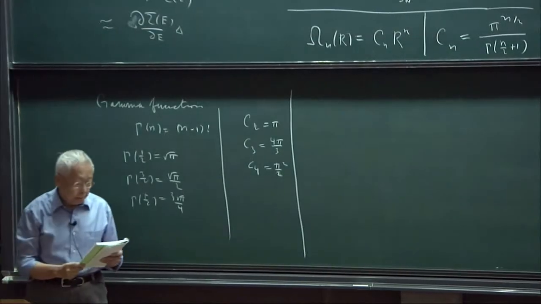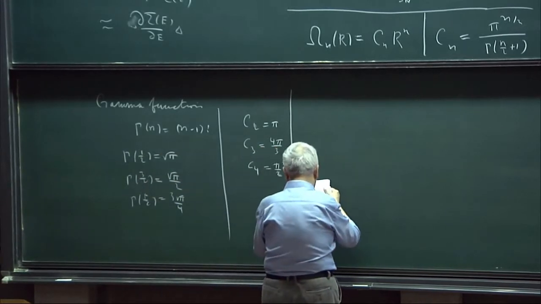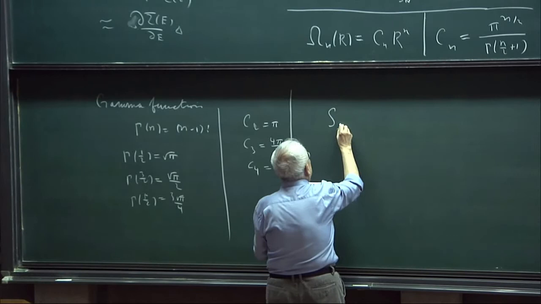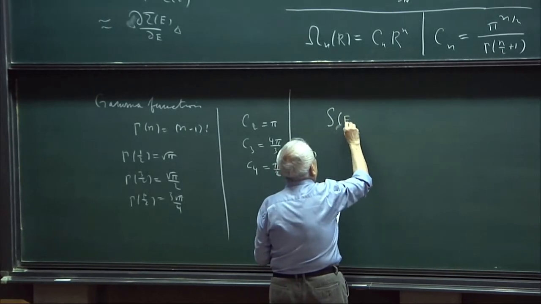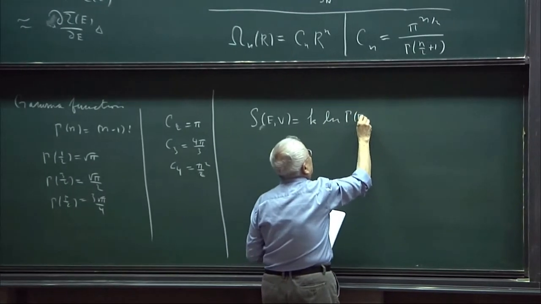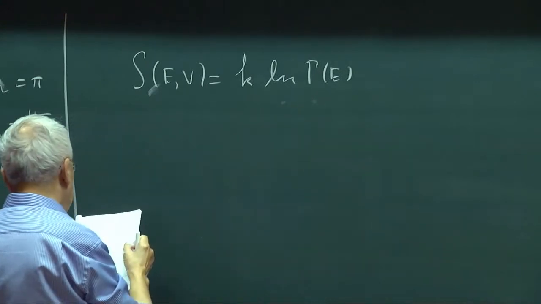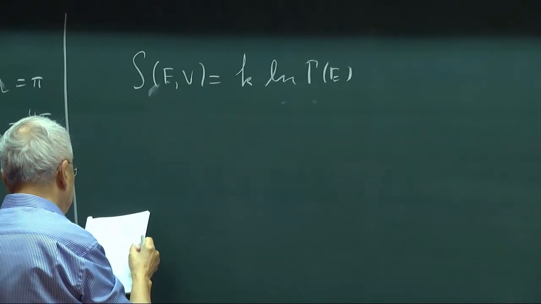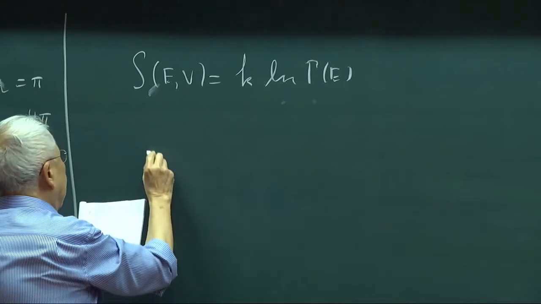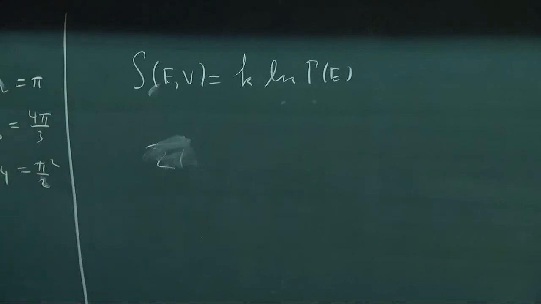Now let's plug this in and calculate the entropy of an ideal gas. S of E and V is equal to k log gamma of E. So we'll need the log of gamma of E, and we have computed sigma.